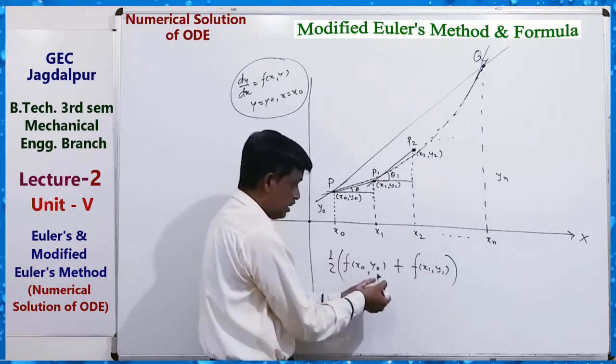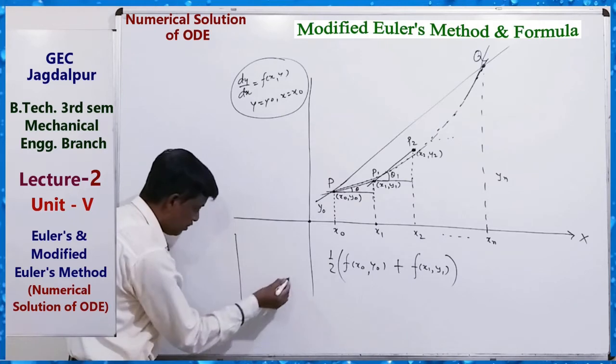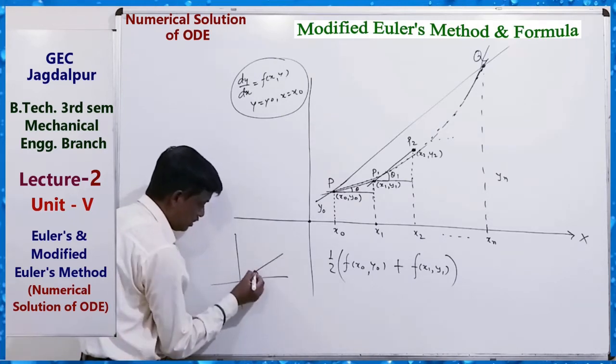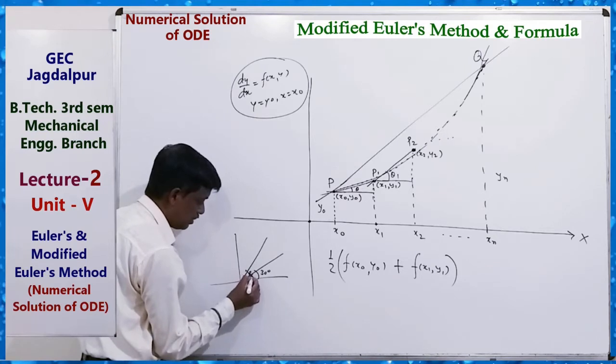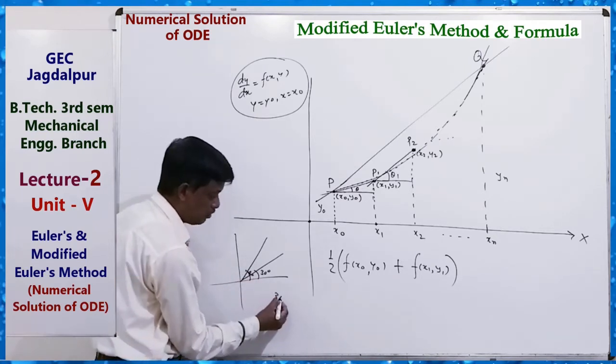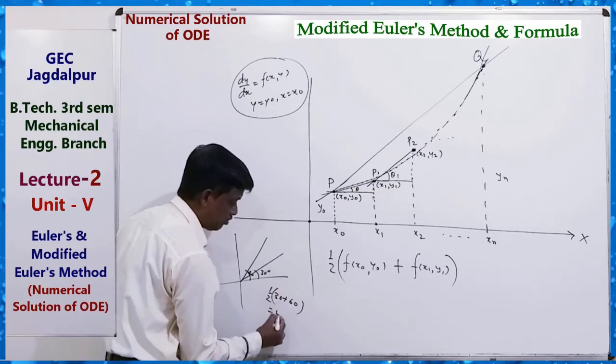Now, by taking the average of these slopes, just like suppose we have 30 degrees and 60 degrees, then 30 plus 60 by 2, what? 45 degrees.